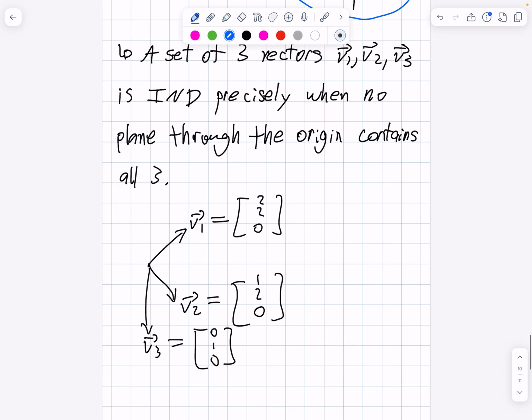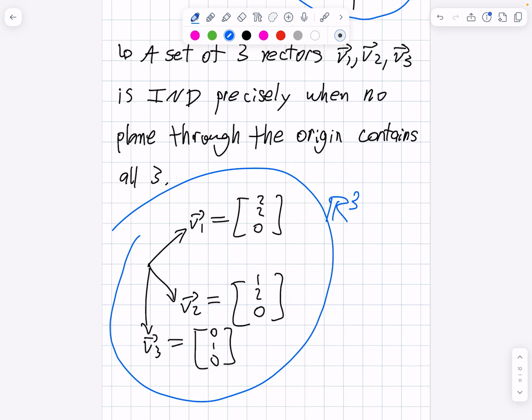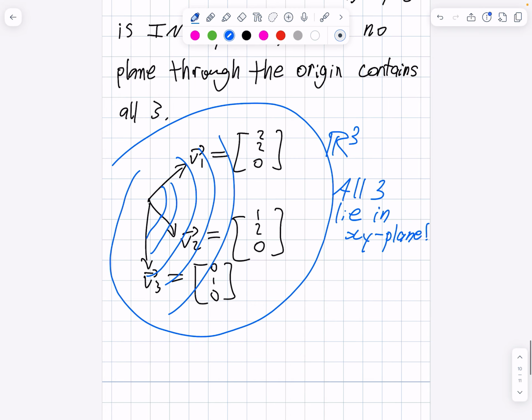Now what we notice, the ambient space here is R3, okay? And all three vectors have this z component of 0. So all three lie in the xy plane, okay? Maybe this isn't the best drawing, but maybe that's kind of me drawing our xy plane. And so this implies that they're not independent.